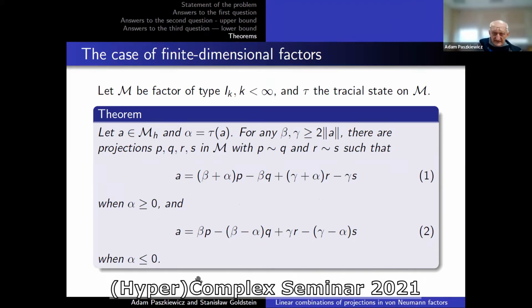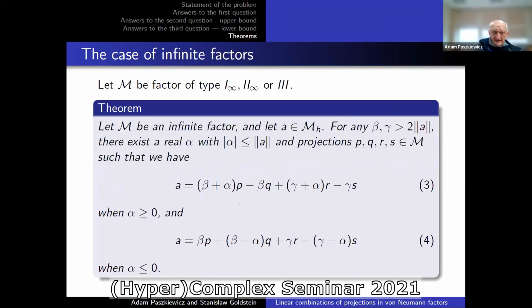This is the situation in factor 1k, and in other factors 1 infinity or 2 infinity or 3, we can always express a self-adjoint operator A as a linear combination of four projections with completely canonical coefficients.